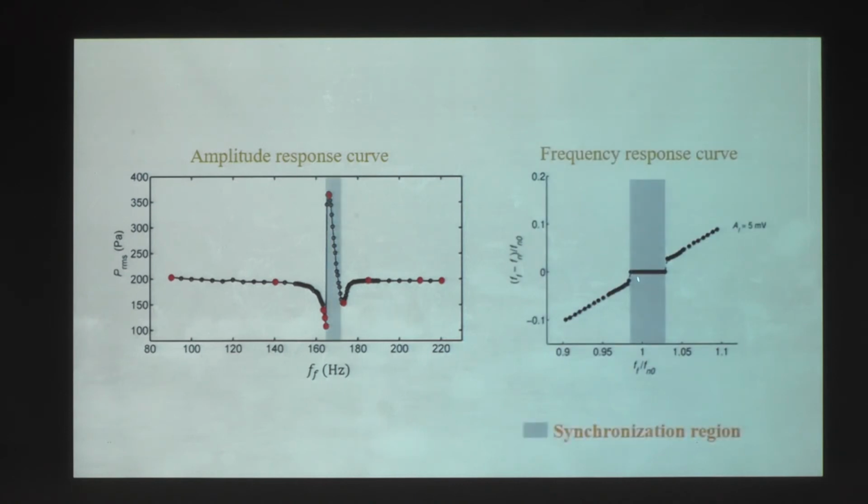This is the frequency response curve. This is the difference between the forcing frequency and the self-sustained oscillation frequency, and that is why in the synchronization region there is a plateau structure.